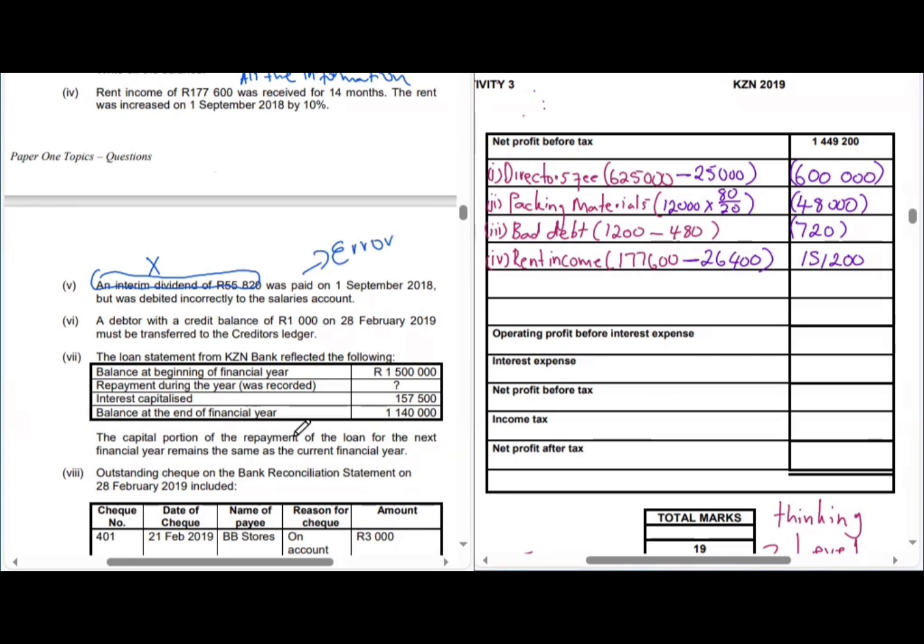There was an error in this transaction whereby they took the interim dividends of 55,820 and incorrectly debited them to our salaries account. This 55,820 was not for salaries, but it was for interims. So the editor took this amount of money and recorded it as salaries.